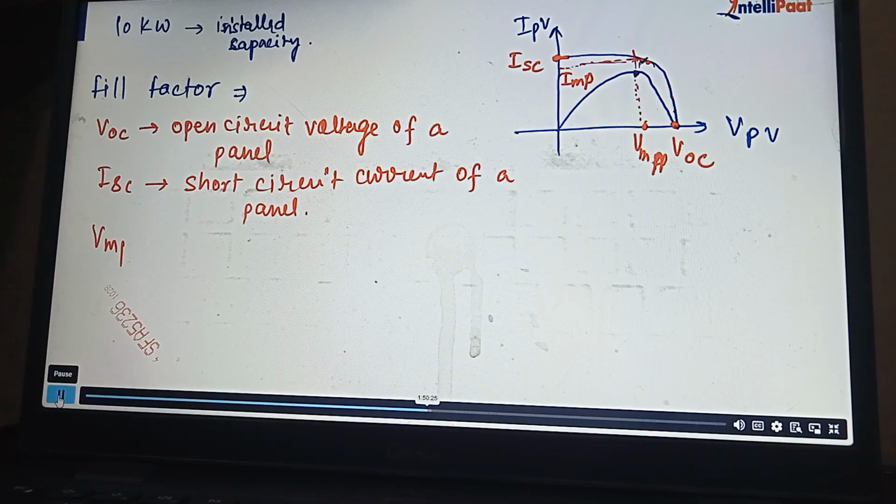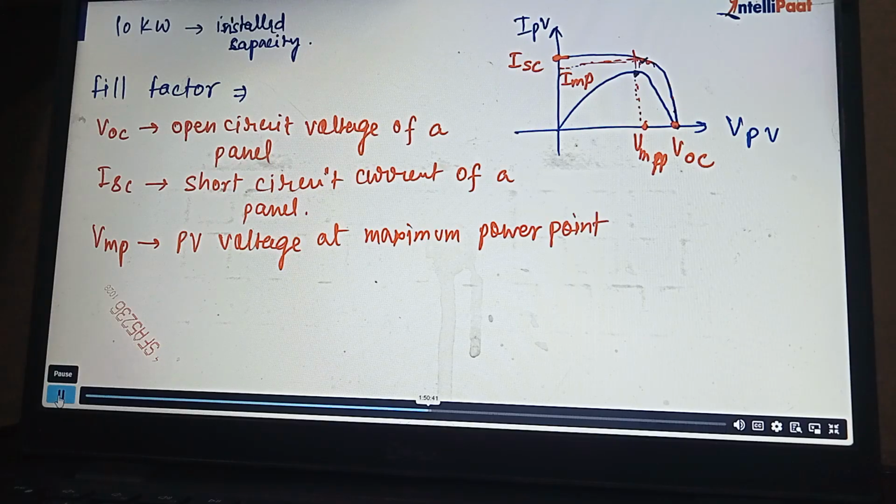So VMP is the PV voltage at the maximum power point. IMP is the PV current at maximum power. These are the four basic parameters which are involved in the case of fill factor.